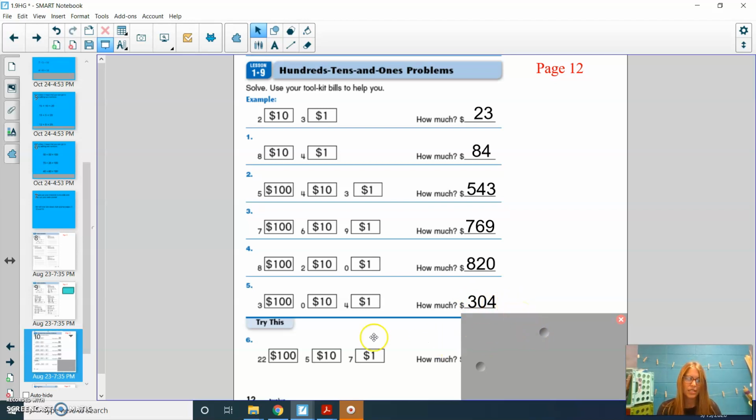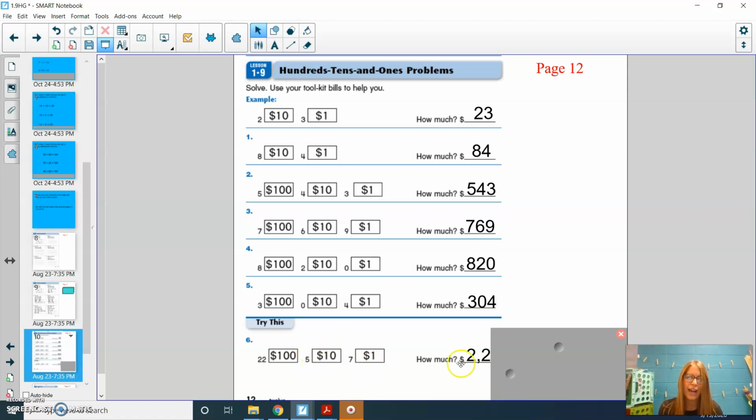All right, boys and girls, look at this number 6. This is a challenge problem. If you weren't able to get this one on your own, that's okay. Let's talk about this one together. So if I have 22 $100 bills, I would have $2,200. So I would first put my 2 and my 2.